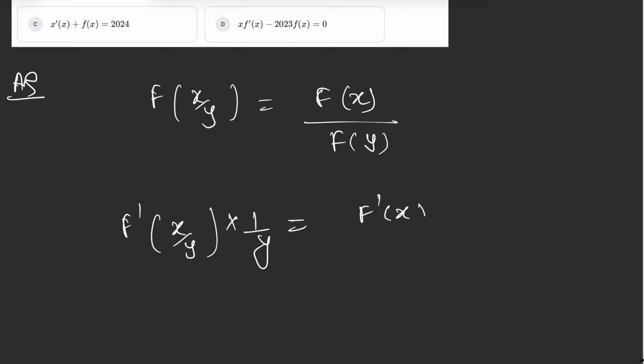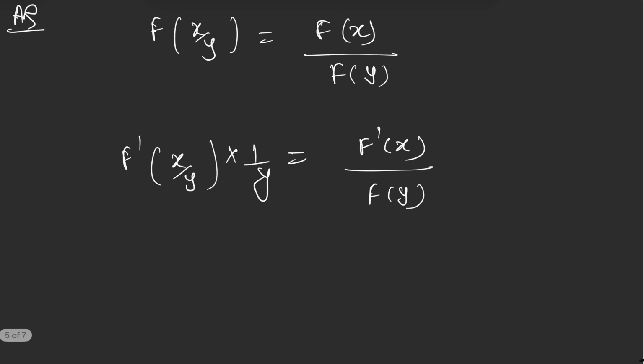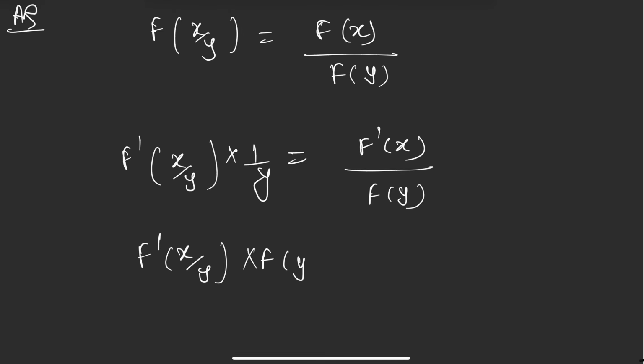Here f dash x and f of y will be as it is because f of y is constant. So I can write this equation as, all of you please see, f dash x by y into f of y equals f dash x into y. I think no problem in this.